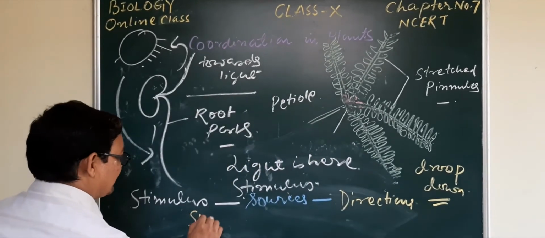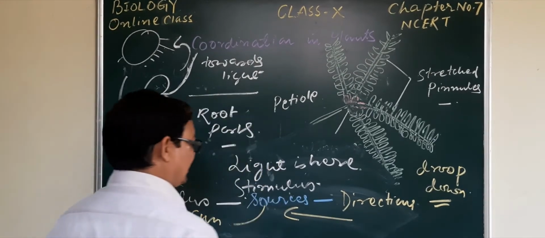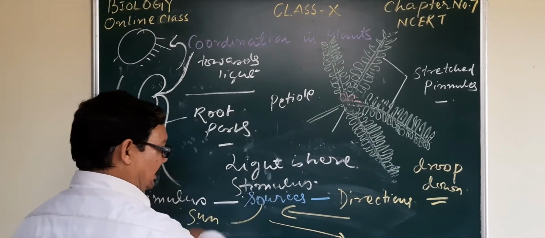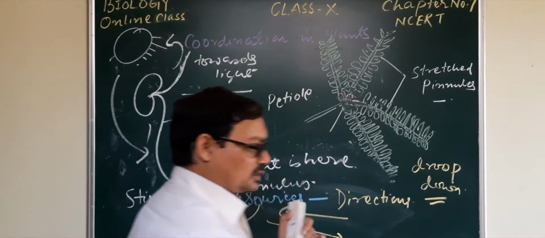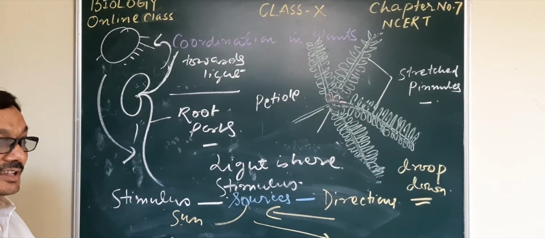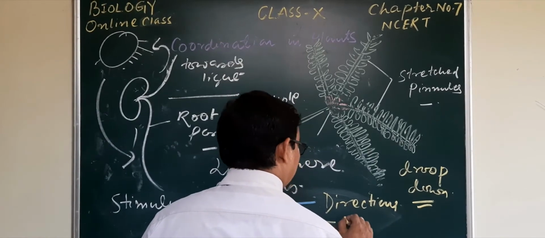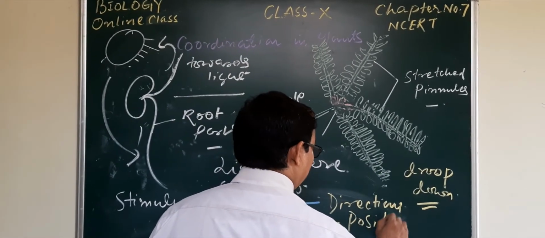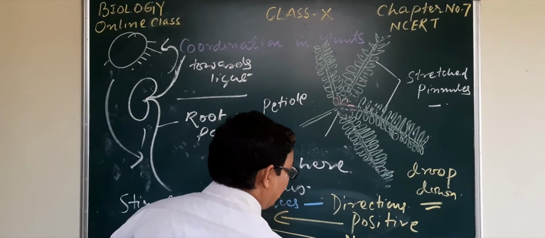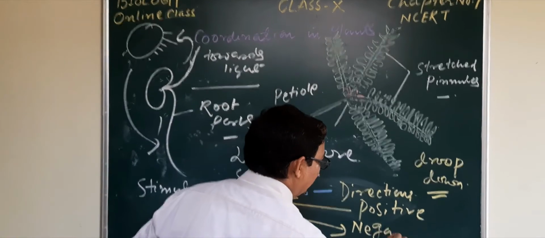If the stimulus is the sun, so the sun is the source, and the direction is either towards the source or against the source. If there is a movement in response to a stimulus towards the source of the stimulus, then that is the positive response. And if there is a movement in the opposite direction of the source, then there is a negative response.